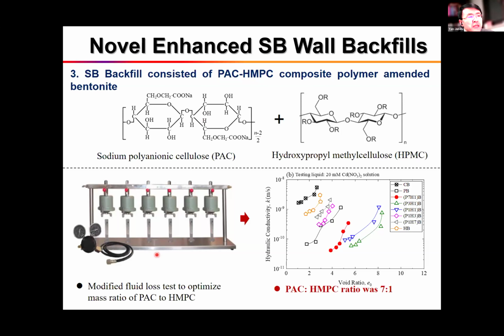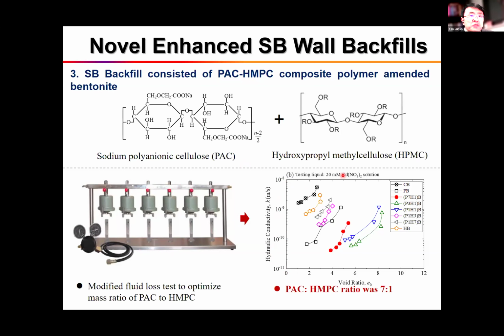Again, we use the modified fluid loss test to optimize the mass ratio of PAC to HPMC. Here, the x-axis is the water ratio of the bentonite filter cakes. The y-axis is the Kc.